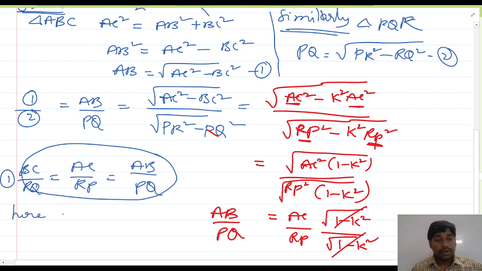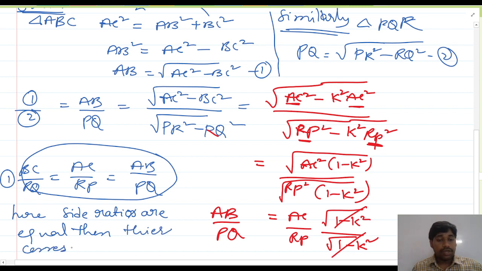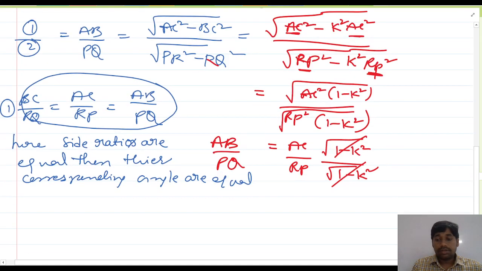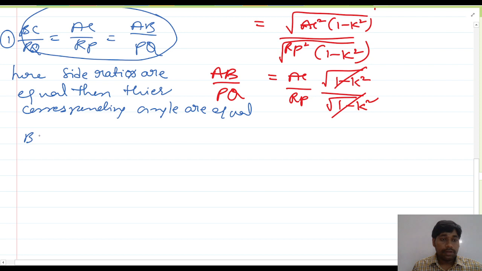So here the side ratios are equal, then their corresponding angles are equal, because triangle ABC is similar to triangle PQR.